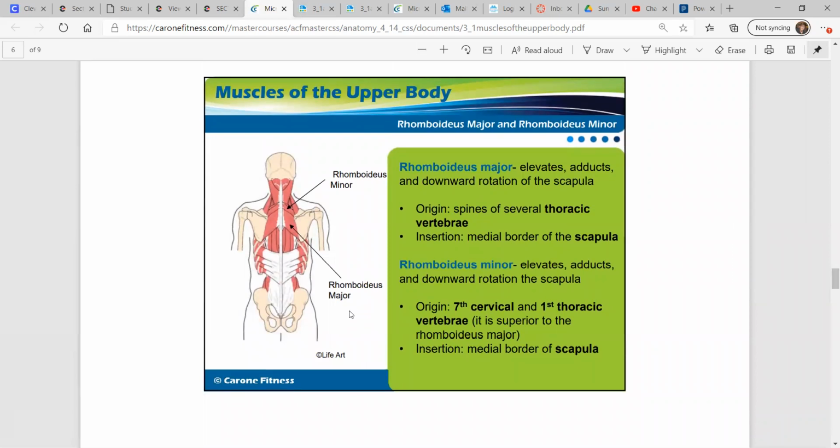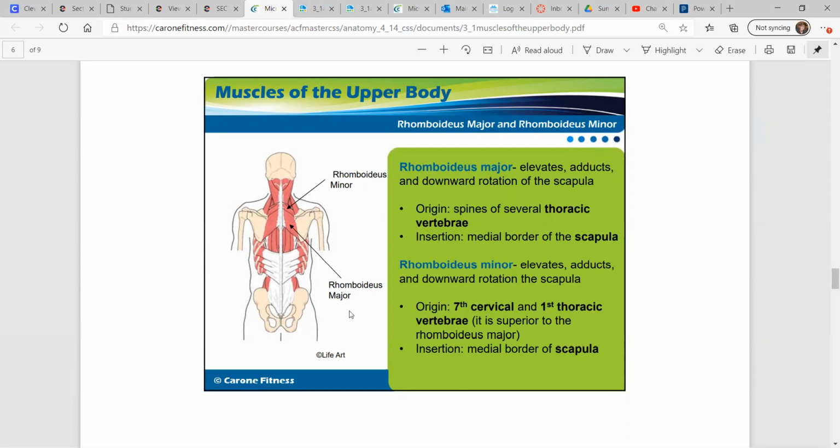Rhomboideus major elevates, adducts, and downward rotation of the scapula. Origin, spines of several thoracic vertebrae. Insertion, the medial border of the scapula. And then you have the rhomboideus minor. It elevates, adducts, and performs downward rotation of the scapula.